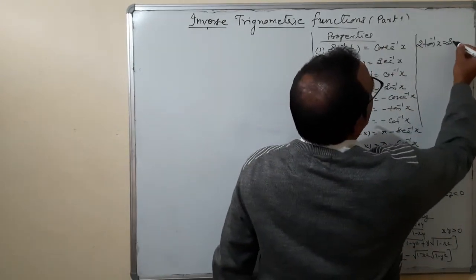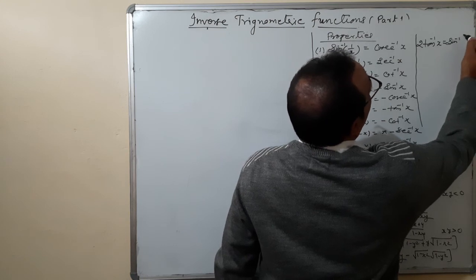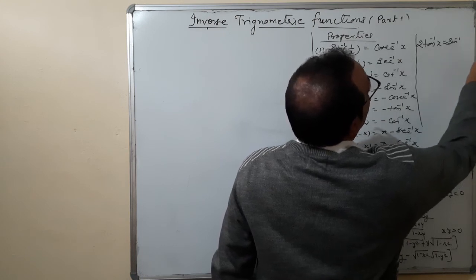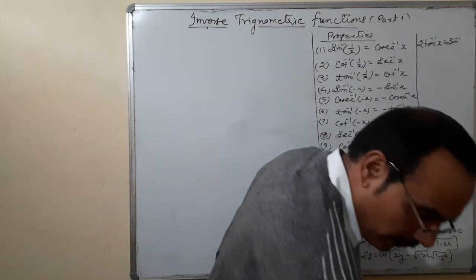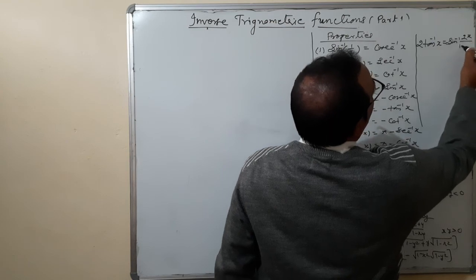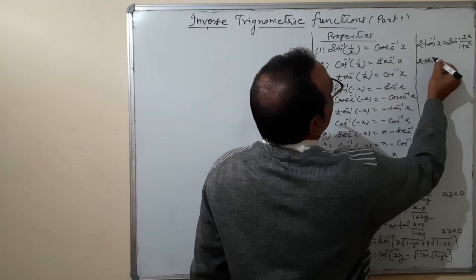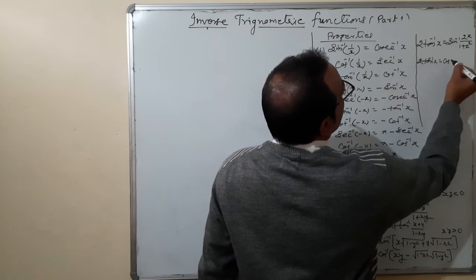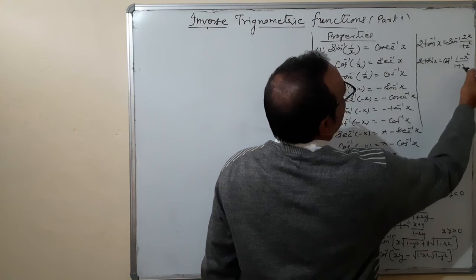First, 2 tan inverse x is equal to sin inverse of 2x upon 1 plus x square. Second is 2 tan inverse x is equal to cos inverse of 1 minus x square upon 1 plus x square.